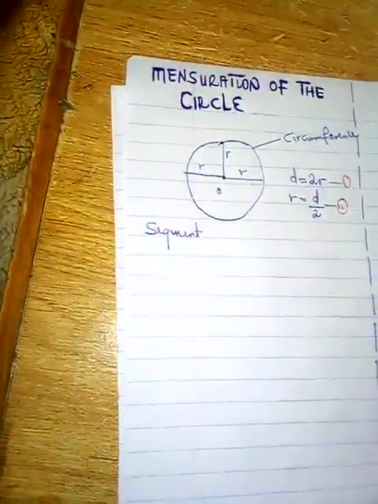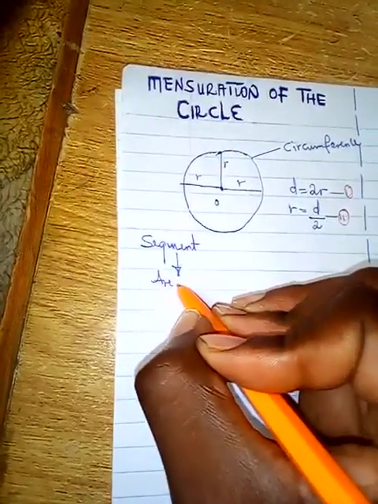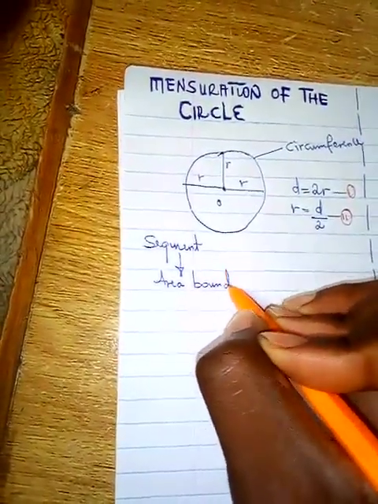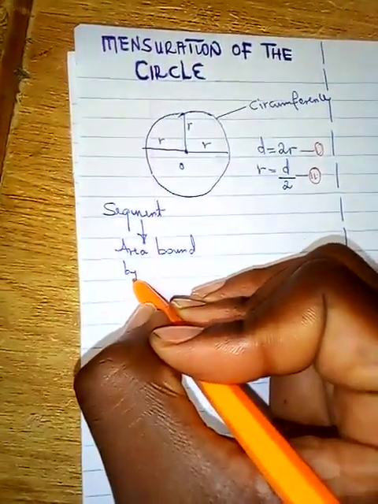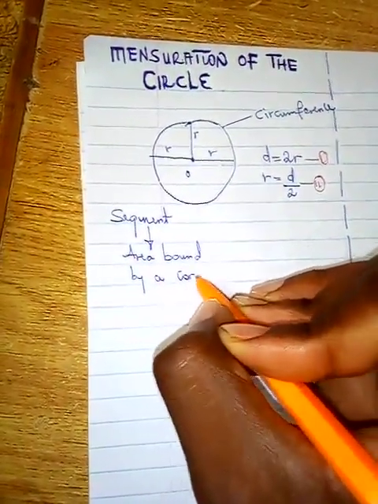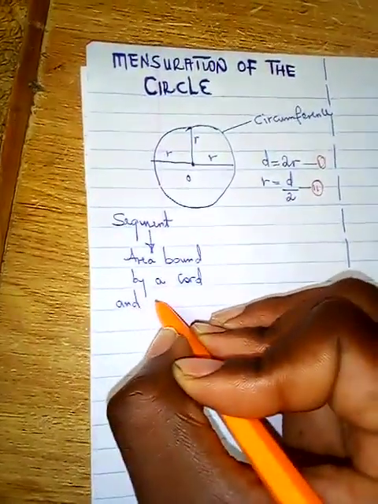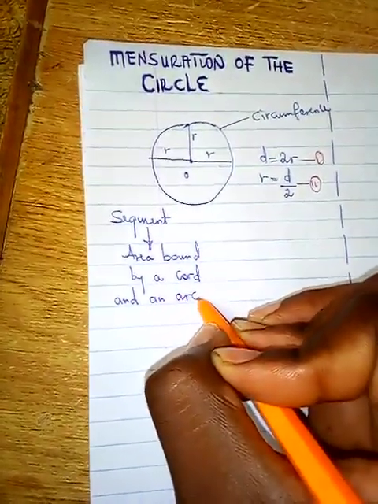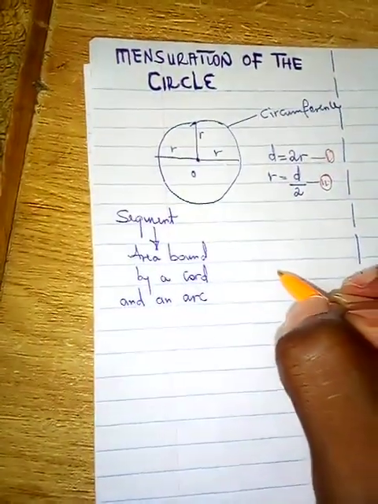A segment is just the area bound by a chord and an arc. So, area bound by a chord and an arc.